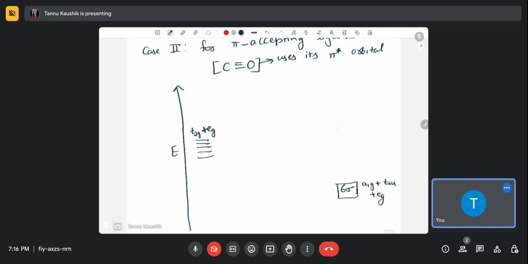So now these 12 pi anti-bonding molecular orbitals will have anti-bonding character basically, and will be higher in energy as compared to sigma donor and pi donor ligands.